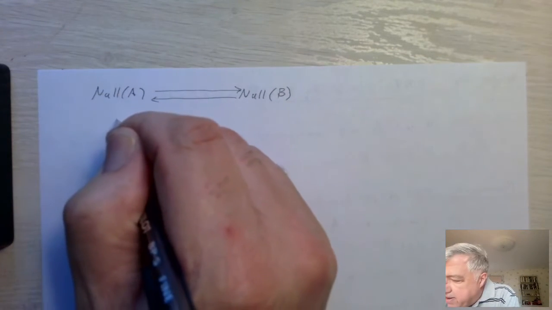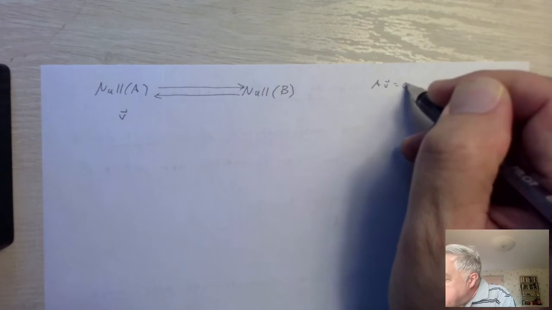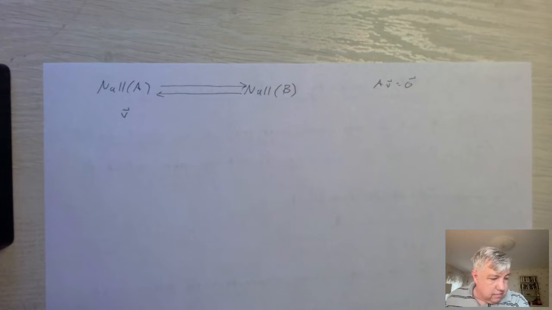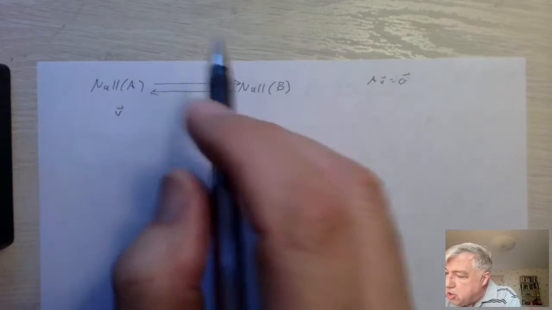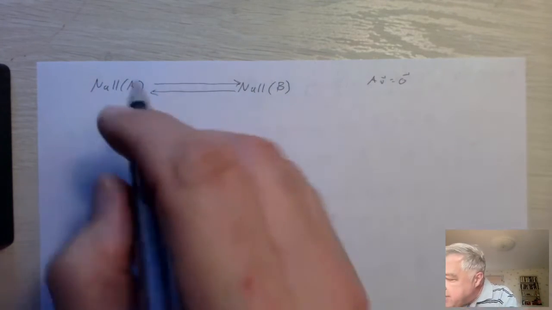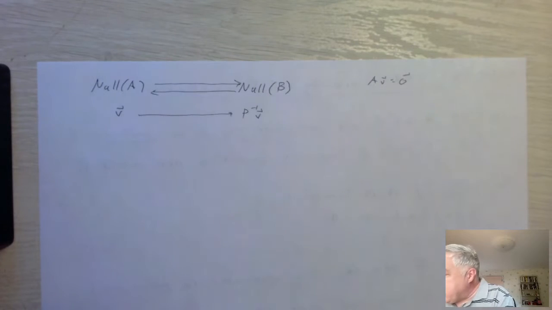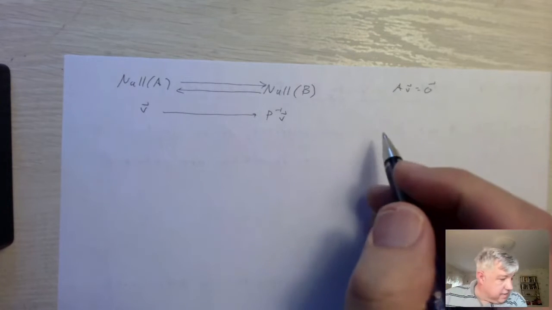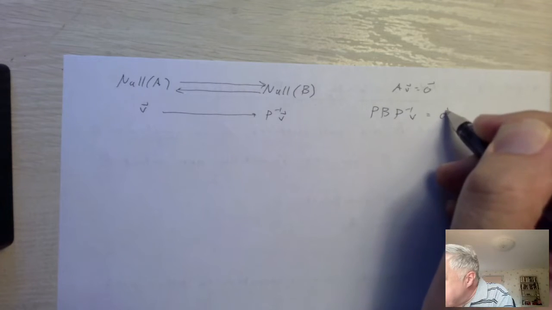Namely, for example, if we take an element V in the null space of A, so that means AV is equal to 0, then we can do the following. We're going to show that P inverse V is going to be in the null space of B. Because A is the same as P B P inverse, so B P inverse V equals 0.